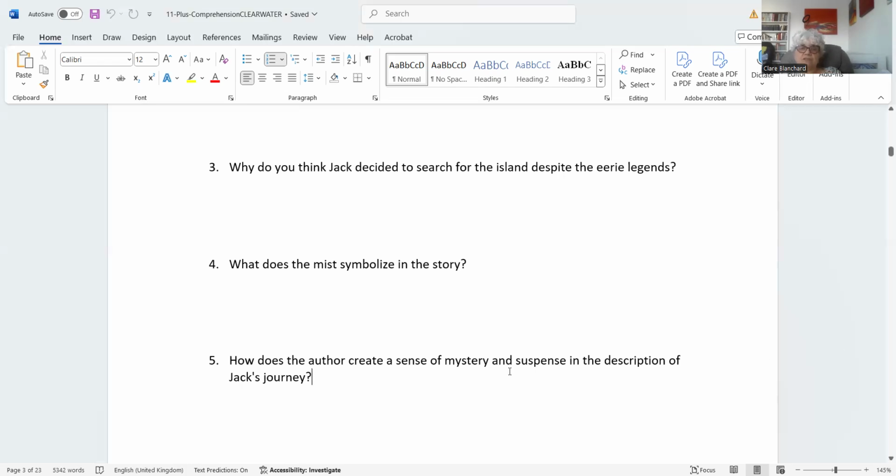And what we've just looked at here is a typical question in English literature that will keep getting more complex as we move up the school. And you get very similar questions in GCSE. So this is a question that we need to learn how to answer well and to understand exactly what's being asked for.